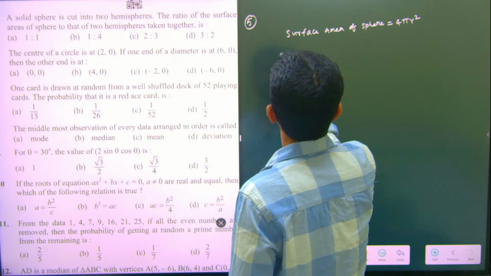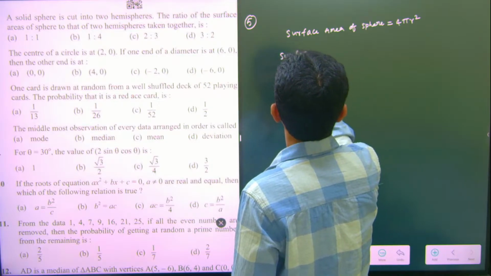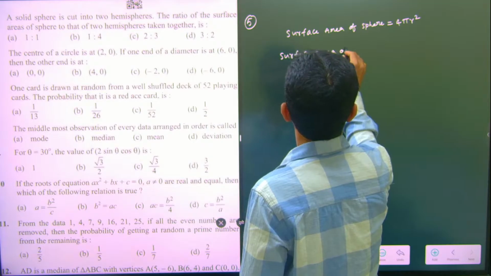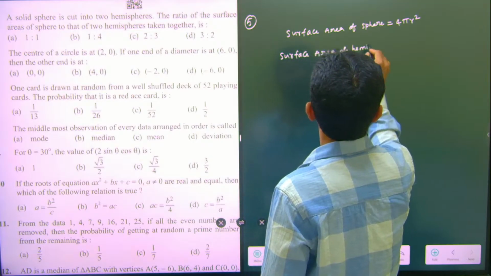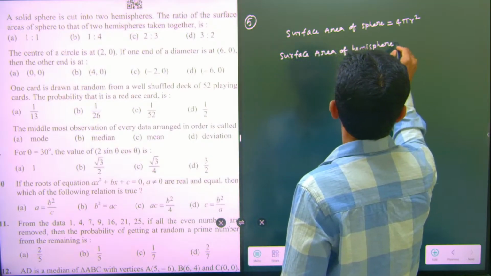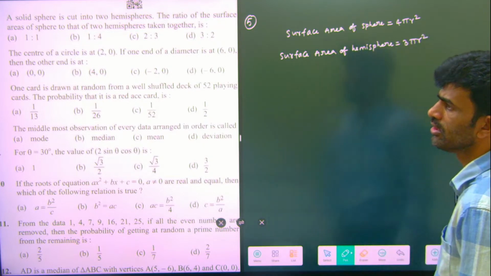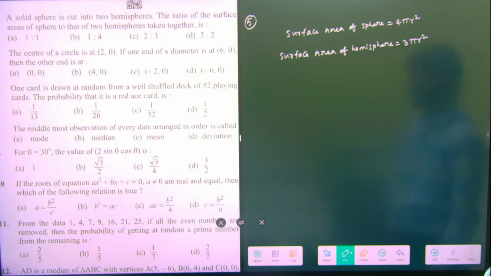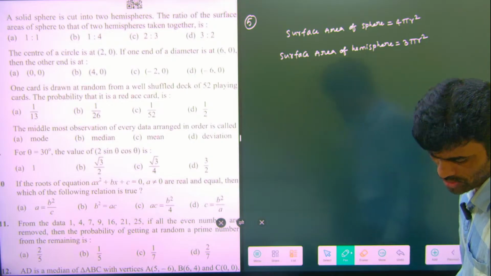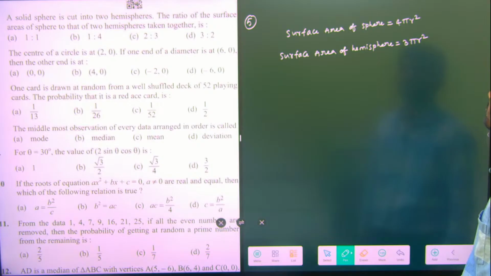So surface area of hemisphere is 3 pi r square. What surface area means, we have to take it as total surface area. So total surface area is 3 pi r square.